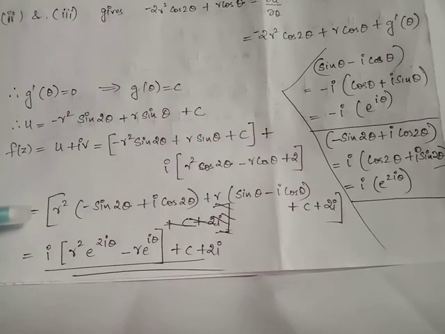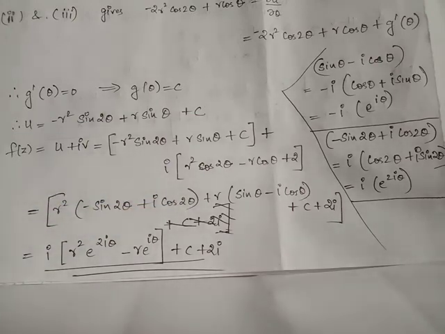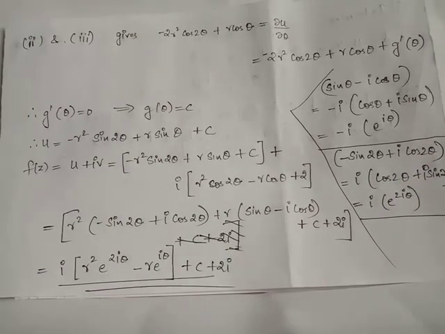Similarly, looking at the terms involving r square, you get the expression minus sin 2 theta plus i cos 2 theta. When you take i outside, this expression is equivalent to cos 2 theta plus i sin 2 theta. Again, we can use Euler's identity because cos 2 theta plus i sin 2 theta equals e raised to 2i theta.